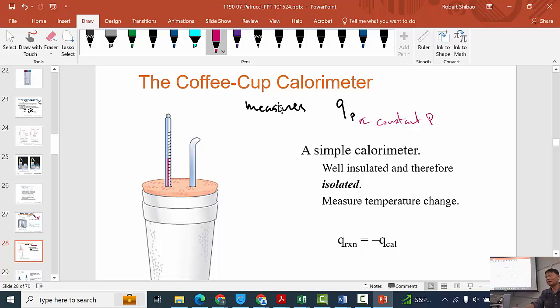Sometimes Q sub P and Q sub V are the same thing. So let's say I had a special coffee cup and I was able to burn stuff. Sometimes QP and QV are the same for the same reaction. But sometimes they're different. So I need to write that over here. For us, it doesn't matter.